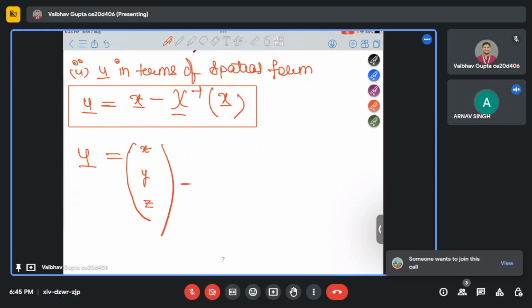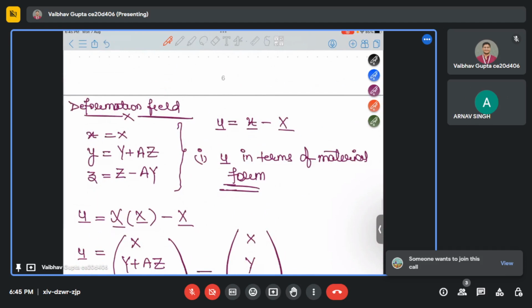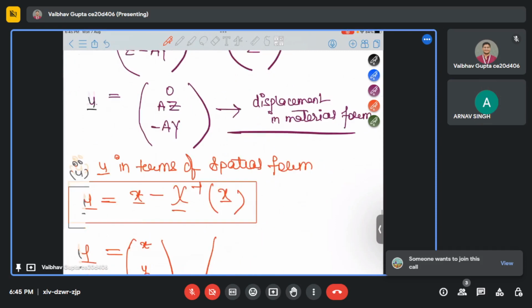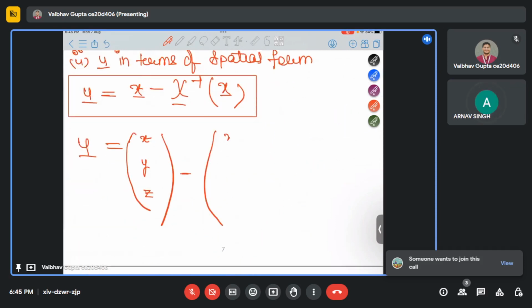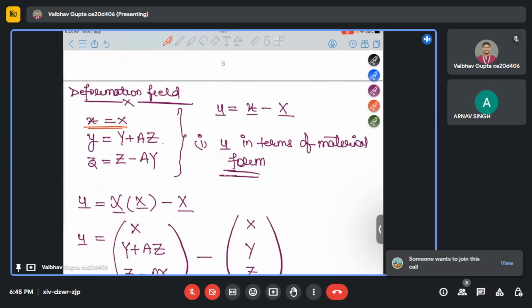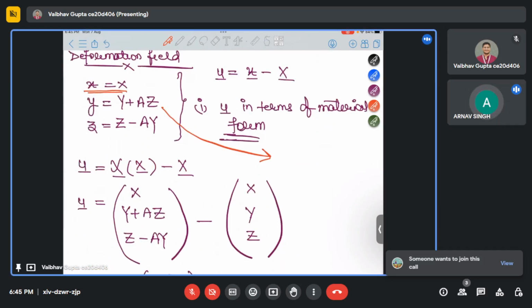Now capital X in terms of small x is capital X equal to small x only, as per the given deformation field. So capital X becomes small x. Now what is capital Y in terms of small y? Capital Y is equal to small y minus aZ.